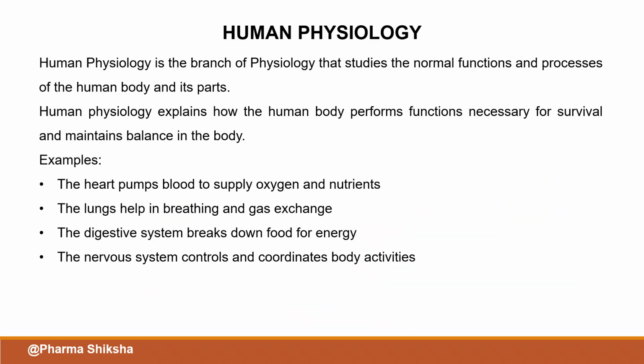And in human physiology, we are studying the normal function and the processes of the human body and its parts, which explains how the body performs the functions necessary for survival and maintaining balance in the body.